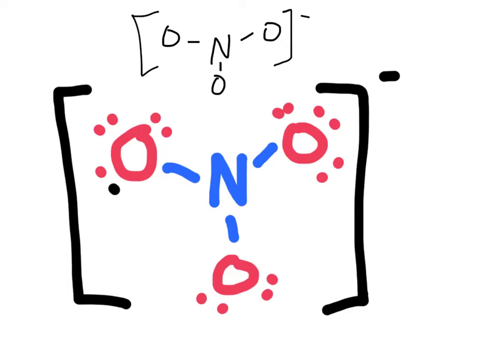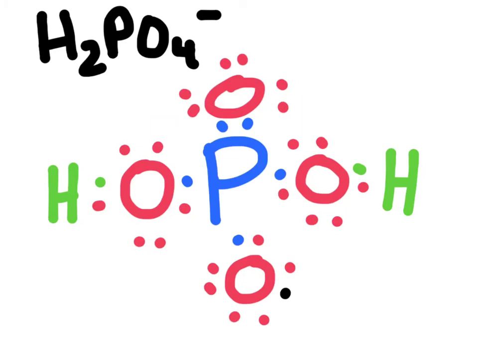And in your book, as they show you sometimes, and it does get messy, it's assumed to have 8 around it unless you show otherwise, or unless there's an unshared pair of electrons that you do need to show on the main atom. Okay, so here's one that has H2PO4, that's dihydrogen phosphate, and you'll notice as we arrange everything out, we've got the oxygens, 1 on each side of the phosphorus, and then we've added a hydrogen on the right and the left to fulfill oxygen's requirement of 8.